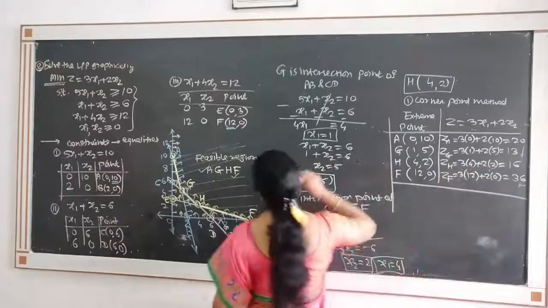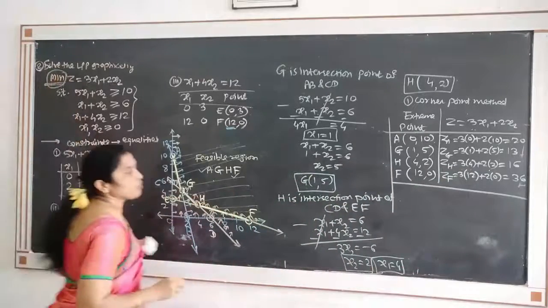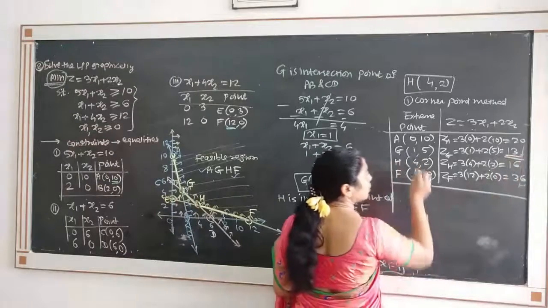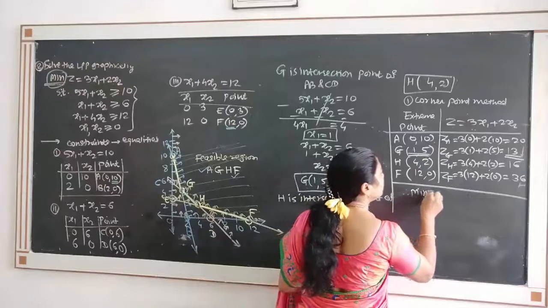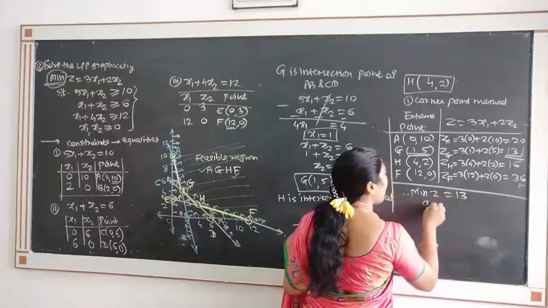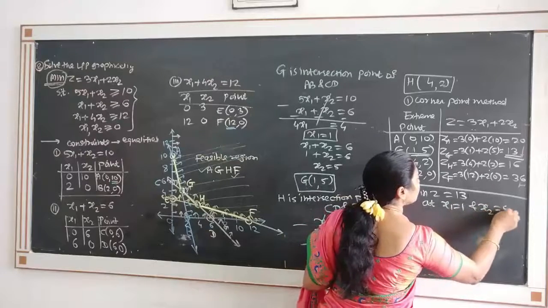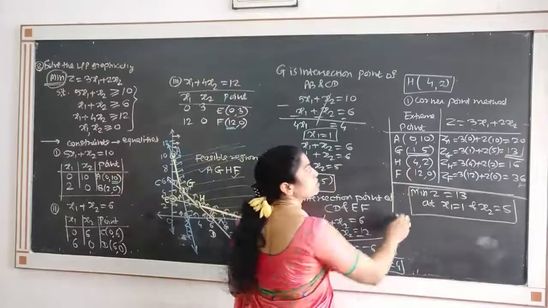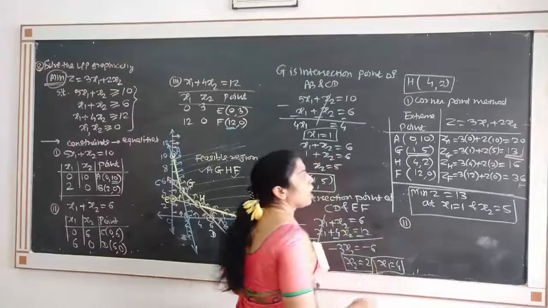We want the minimum value of Z, and because we require the minimum value of Z, observe that the minimum value comes to be 13 at the point (1, 5), and therefore minimum Z is equal to 13 at x1 equal to 1 and x2 equal to 5. So this is the answer by the first method, that is the corner point method.